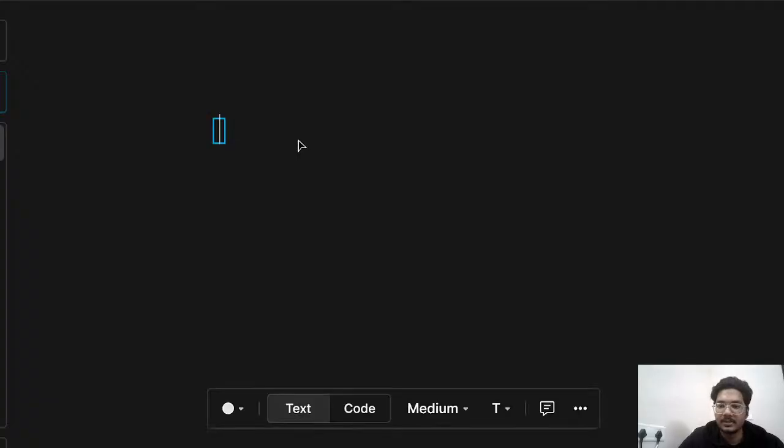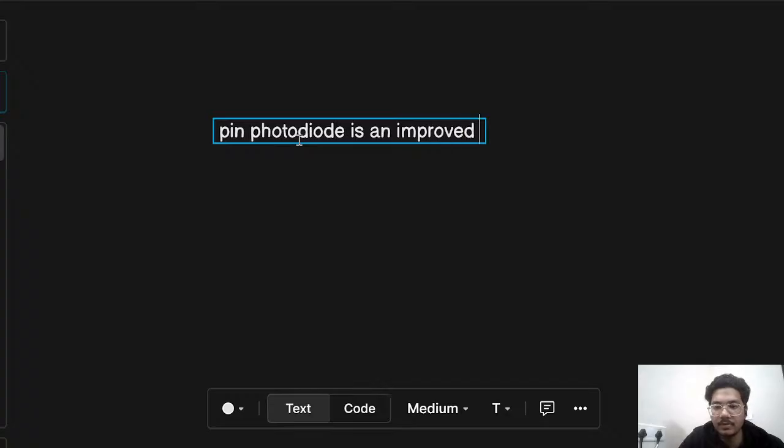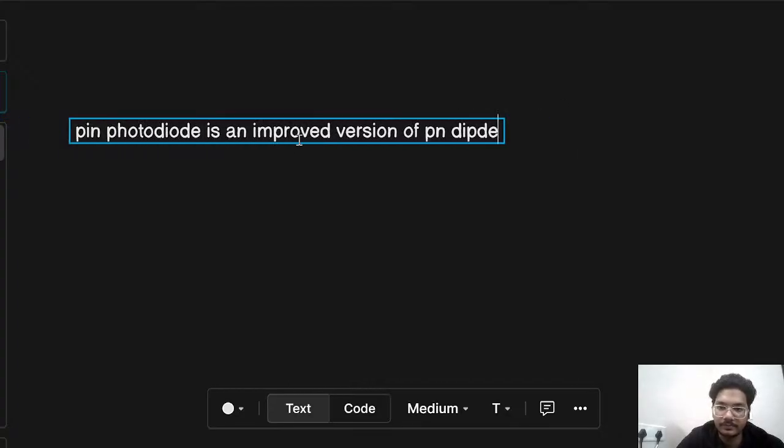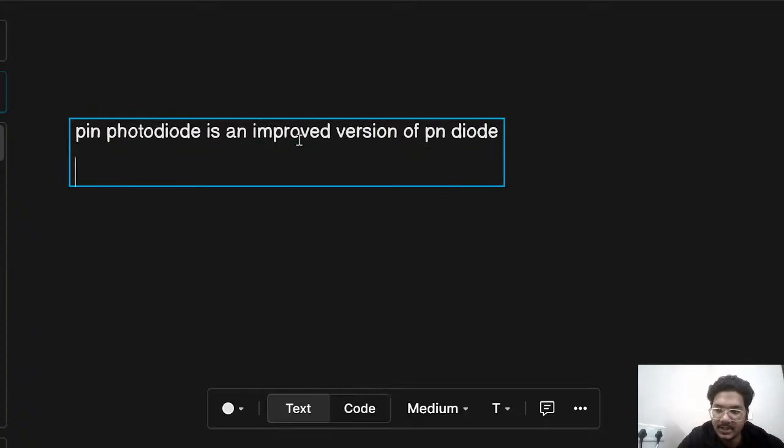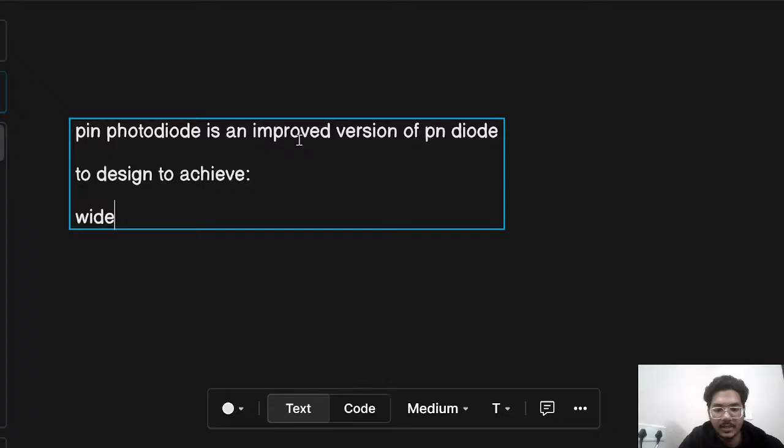So what is a PIN diode? A PIN photodiode is an improved version of the PN diode. Why? Because it is designed to achieve, first, a wider depletion region.